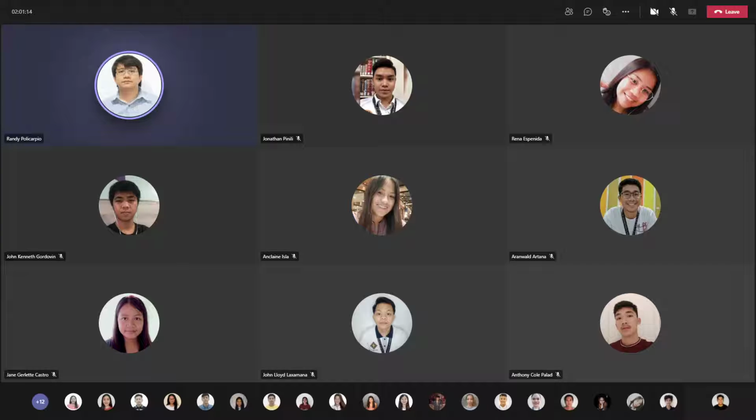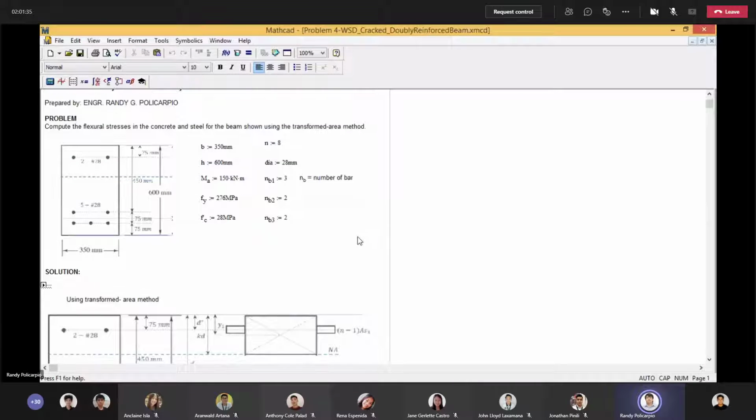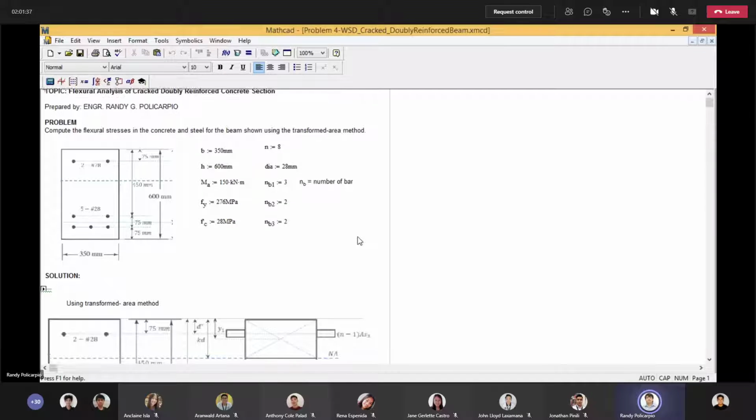Yung problem natin, problem number 4. Okay, problem number 4 is actually a double reinforced beam.